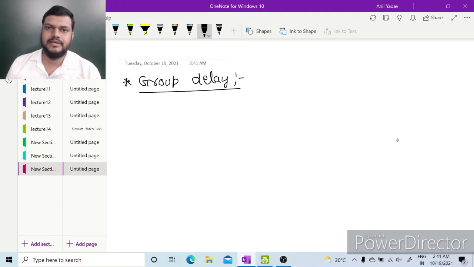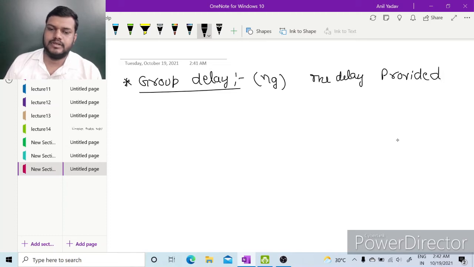Now we will see group delay, which is denoted by small n_g. The delay provided at a group of frequencies is known as group delay.